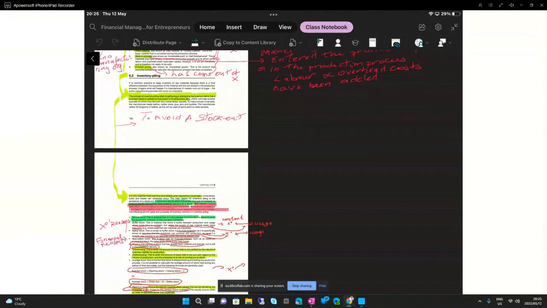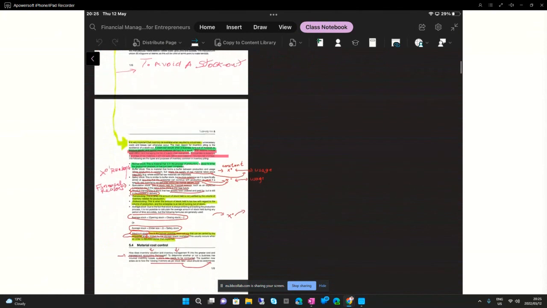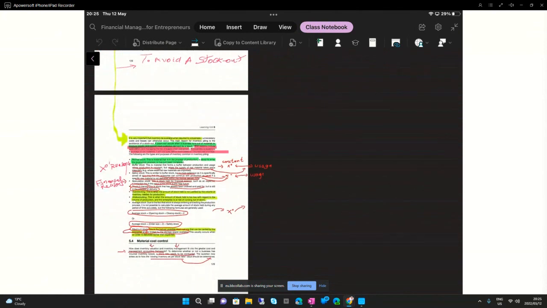The purpose of this is to avoid, obviously, a stock out. It is very important that inventory be available when required by a business, right? A stock out is when a business runs out of materials to produce goods and cannot meet the demand as a result.